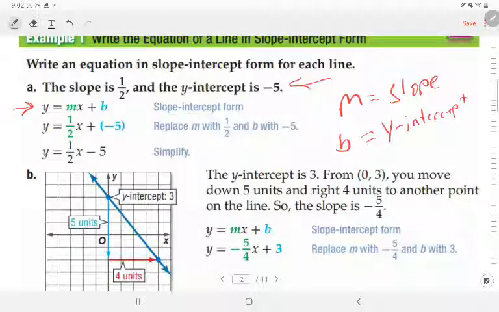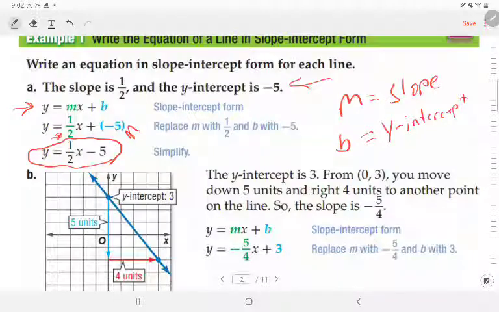Well, we know the slope is 1/2, so we plug that in for the m, and we know the y-intercept is -5, so we plug that in for the b. Now you'll notice it'll be y equals 1/2 x plus -5. Well, we can get rid of that plus sign and just write it as y equals 1/2 x minus 5. And that would be the answer. Okay, that's the equation of the line in slope-intercept form.